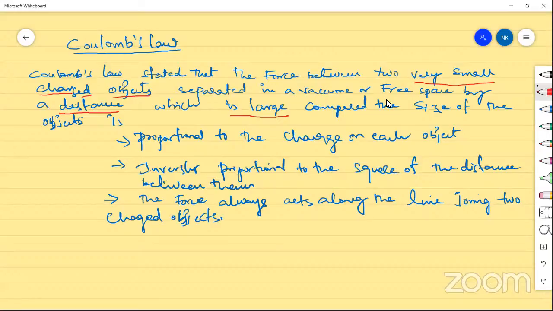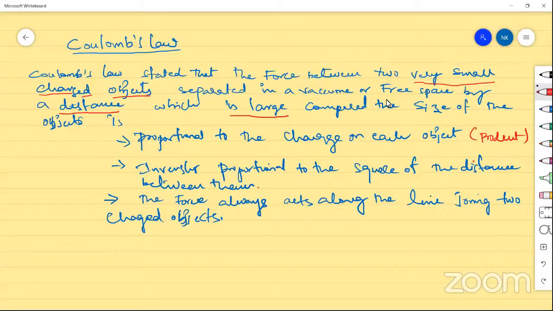Okay, so the force is proportional to the charges on each object and inversely proportional to the square of the distance between them. Proportional to the charge on each object is nothing but the product of the charges. Inversely proportional to the square of the distance between the two objects.